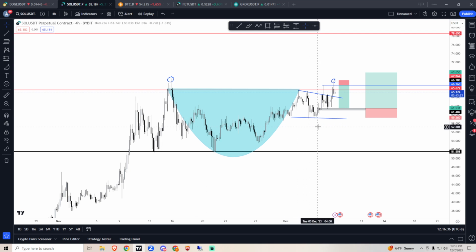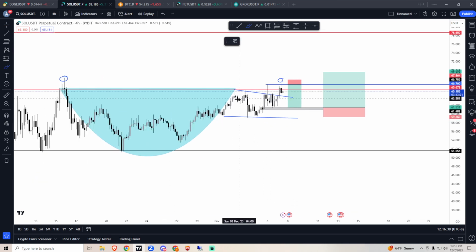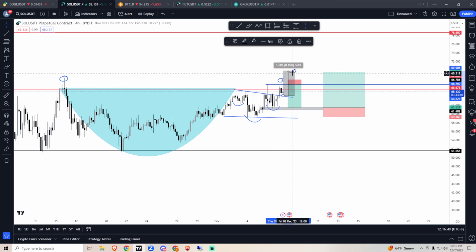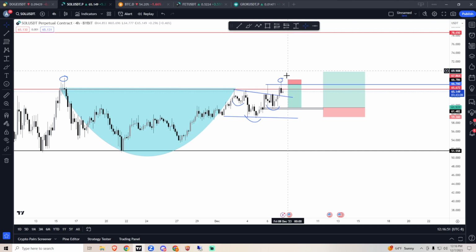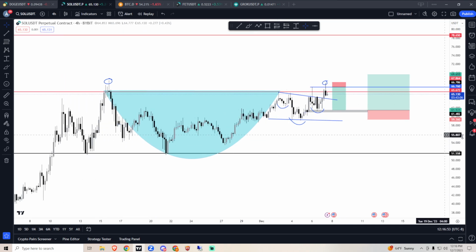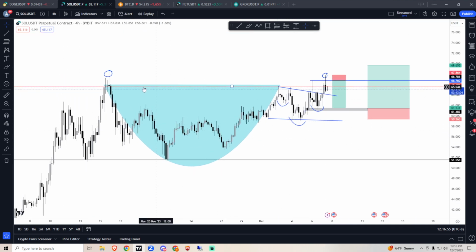So in this case, it's perfect. We also have an inverse head and shoulders within this flag, and the target of this should send us to about $70, right? So we have a cup and handle, we have an inverse head and shoulders, and we're possibly putting in new local highs here.